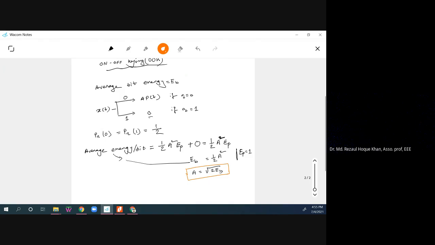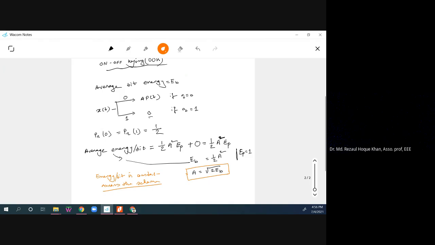So this energy per bit, that's why it's EB, is constant across the signal, that should be maintained.